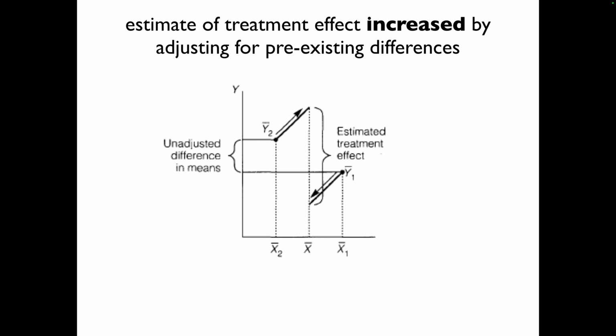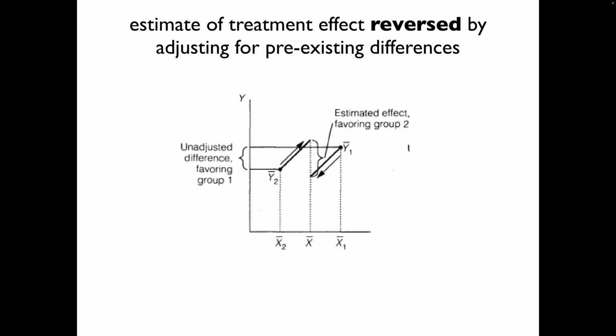You could have a situation where the estimate of the effect increases when you adjust for pre-existing differences. Here's another example where y2 is bigger than y1 on the vertical axis. That's the unadjusted difference in means. But when we equate them on the covariate x, the treatment effect, the difference between y2 and y1, gets bigger.